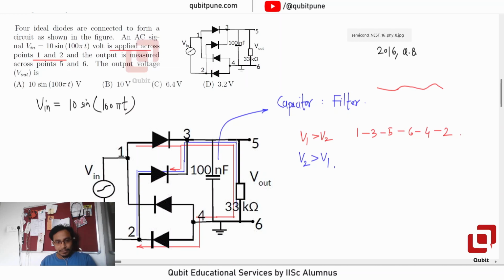Again through this, so it's 2 to 3, 3 to 5 and 5 to 6, and now we have understood that this is a full wave rectifier. Then 6 to 4, and then 1. So 2, 3, 5, 6, then 4, and then 1.